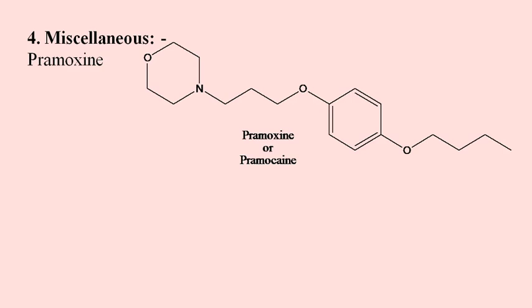If somebody is having allergy to ester and amide both, then we can use this pramoxine. Pramoxine produces satisfactory surface anesthesia and is reasonably well tolerated on the skin and mucous membranes. It is very irritating to be used on the eye or in the nose.